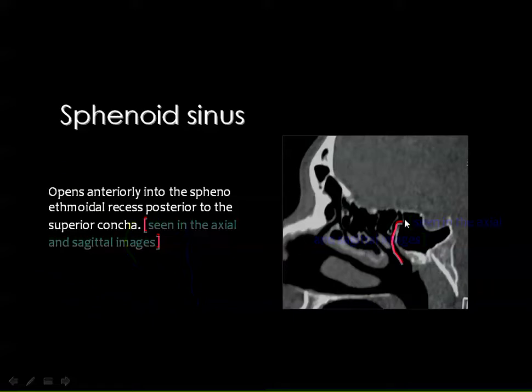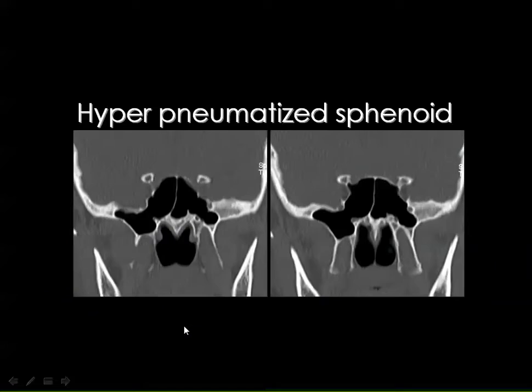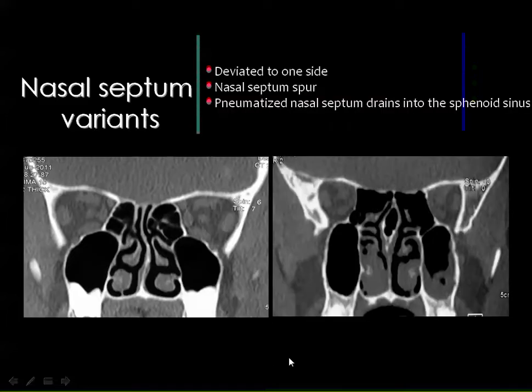The sinus drains posterior to the superior concha here. And this is an example of hyperpneumatization of the sphenoid sinus extending into the skull base and the root of the pterygoid on the right side. It may also involve the pterygoid blades as well.